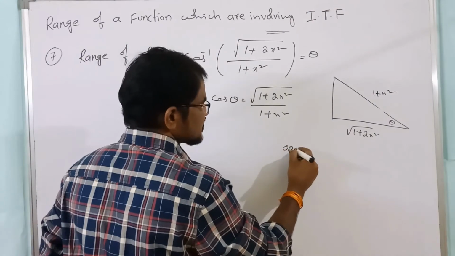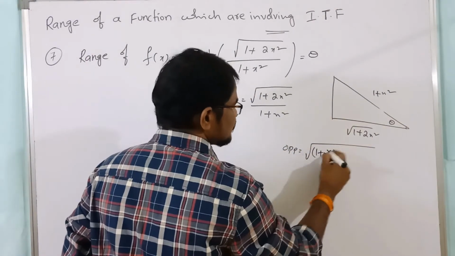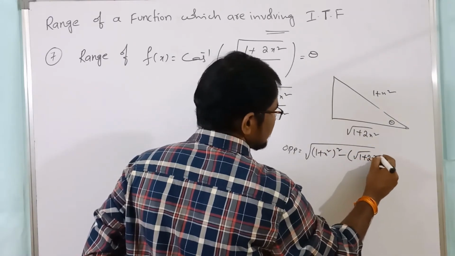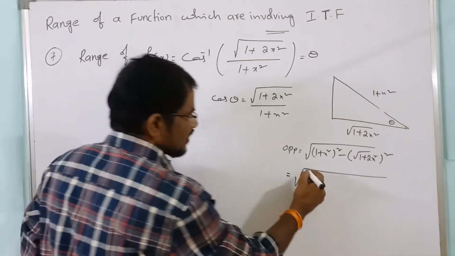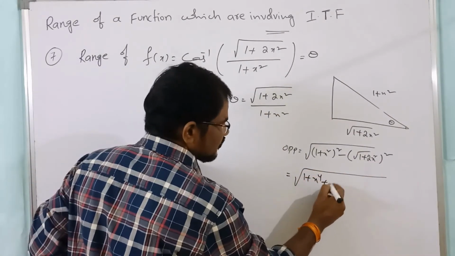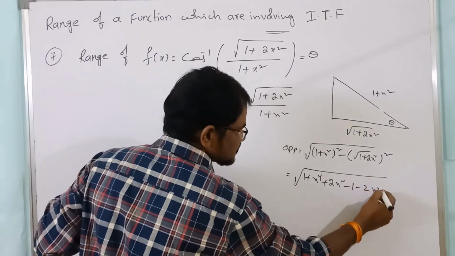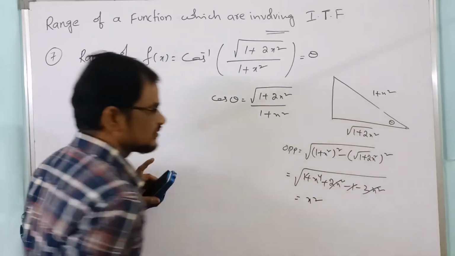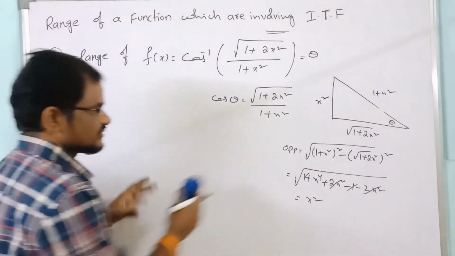So the opposite side equals root of hypotenuse square, (1 plus x square) whole square, minus (root of 1 plus 2x square) whole square. That is equal to root of 1 plus x to the power of 4 plus 2x square, minus 1 minus 2x square. These two get cancelled, leaving root of x to the power of 4, which is equal to x square. So the opposite side is x square.